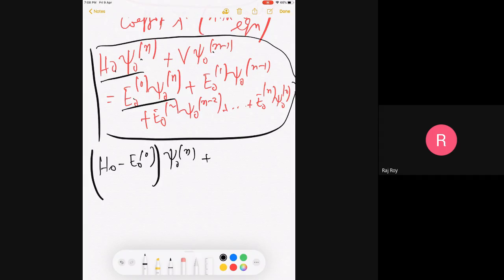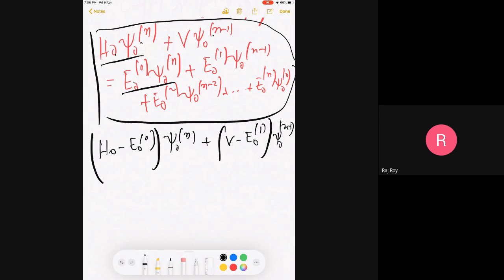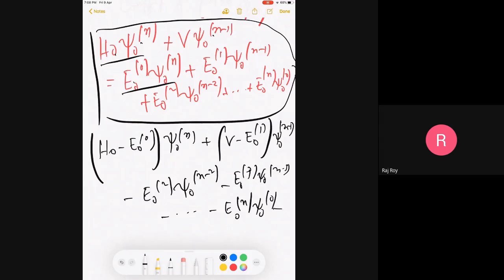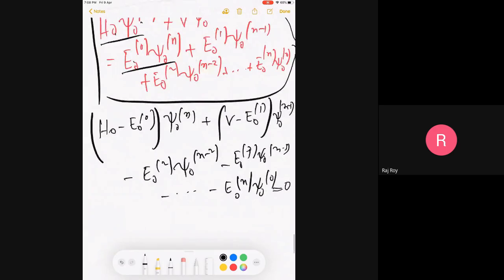Plus V minus E0, 1, psi 0n minus 1. Then what is there? Now this is not there. So the only thing that will be there is just here: minus E naught 2, psi 0n minus 2, minus E naught 3, psi 0n minus 3, and so on, minus E naught n, psi 0, 0 equal to 0. That's it. I'm now writing everything equal to 0.